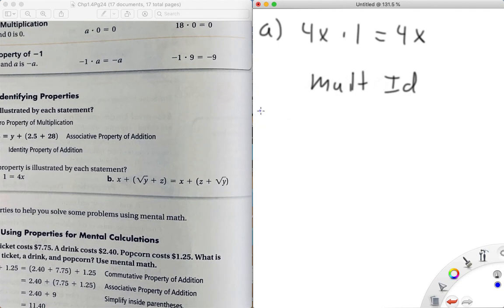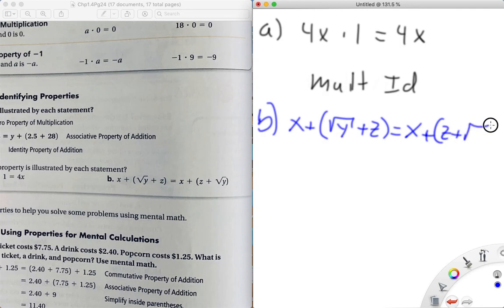B, we have x plus square root of y plus z is equal to x plus z plus square root of y. So we have x in the first, square root of y in the second, z in the third.